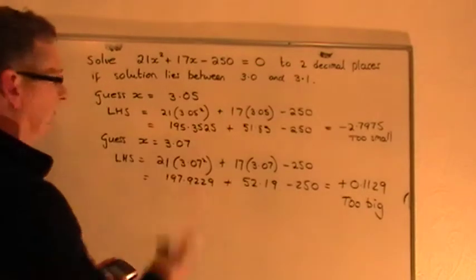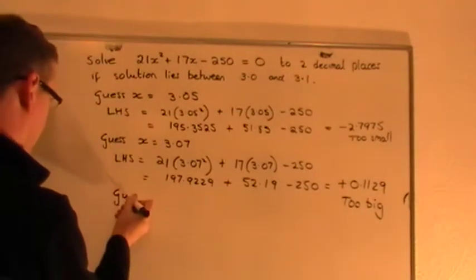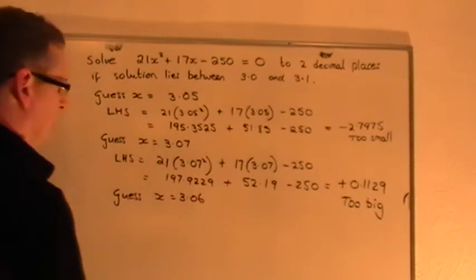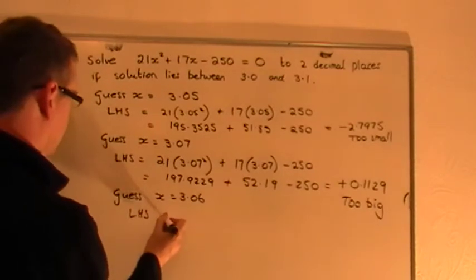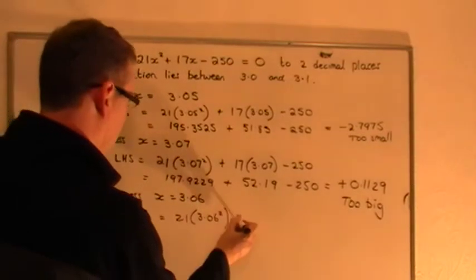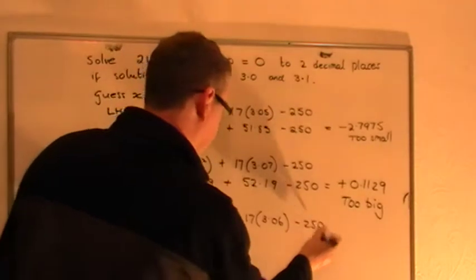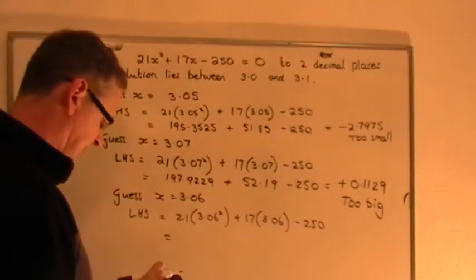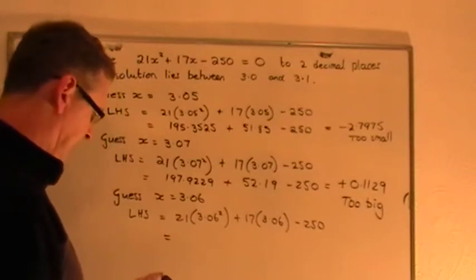Okay, 3.05 was too small. So our next sensible guess would obviously be 3.06. Let's go through the process again. Left hand side is equal to 21 lots of 3.06 squared plus 17 lots of 3.06, take away 250. 3.06, we square it, equals, and then afterwards times by 21.